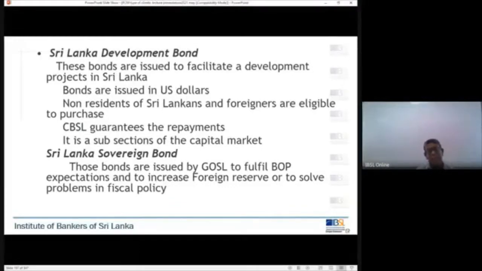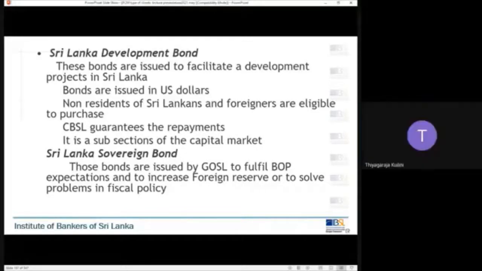What is the bond issued by the Government of Sri Lanka in order to improve the foreign reserve or to solve BOP issues? One, Sri Lanka Development Bond, Sri Lanka Sovereign Bond, Sri Lanka Treasury Bond. What's the answer? Sri Lanka Sovereign Bond. Good. Right? You understood, no?